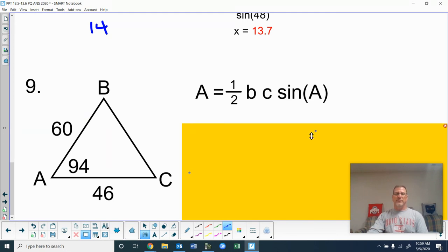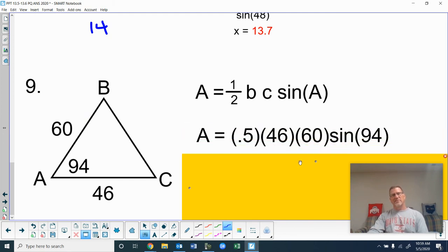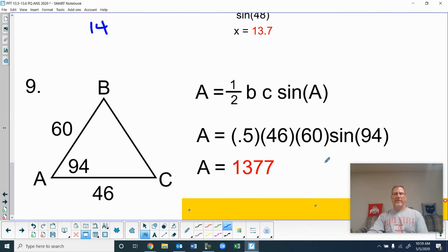All that we do is substitute in. So I use 0.5 instead of 1/2 times 46 times 60 times the sine of 94, and that gives you 1,377 square units, whatever it is, square feet, square inches, square yards, it doesn't matter. But remember, areas are in square units. But that's the last one. Use that formula. That's a pretty easy problem.